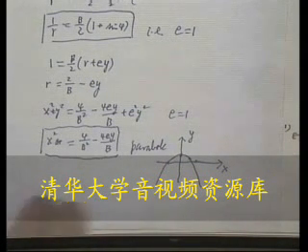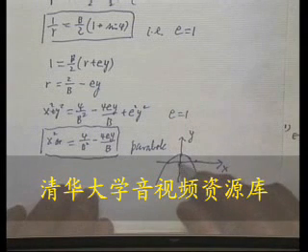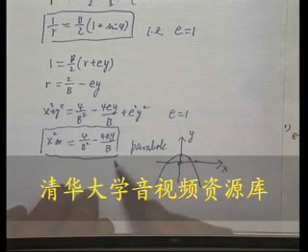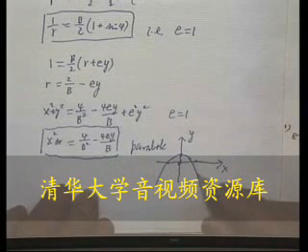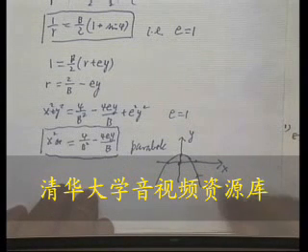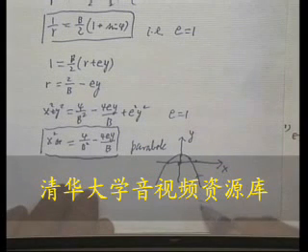So Newton proved that if the energy is equal to 0, the orbit would be like this. In fact, there are comets which do exactly this.